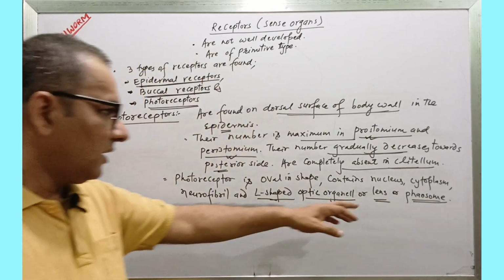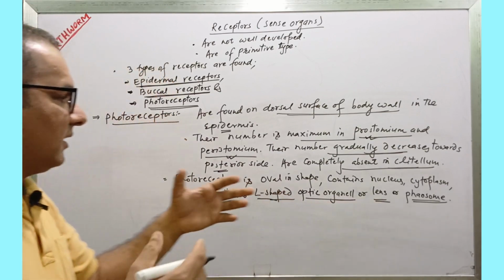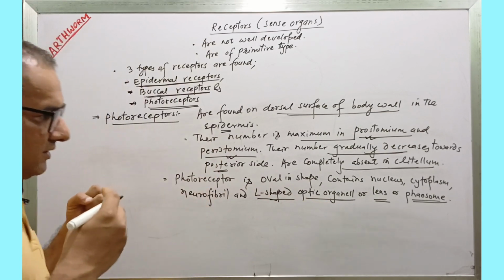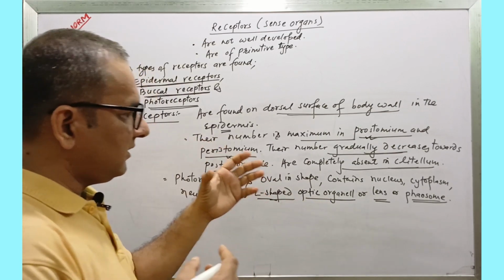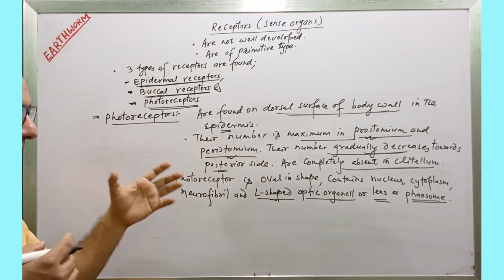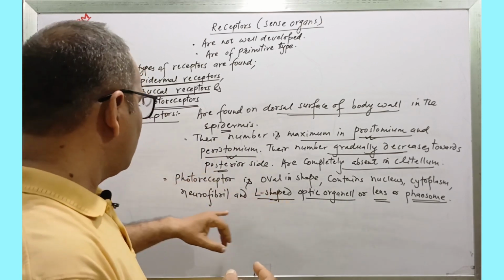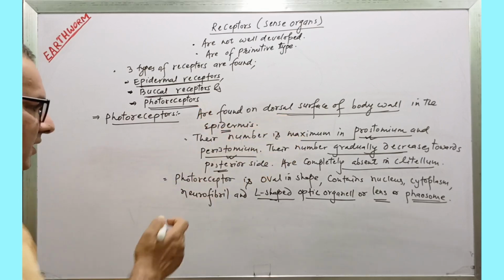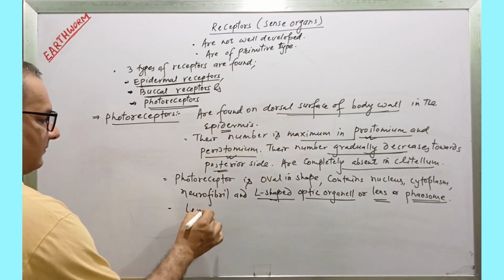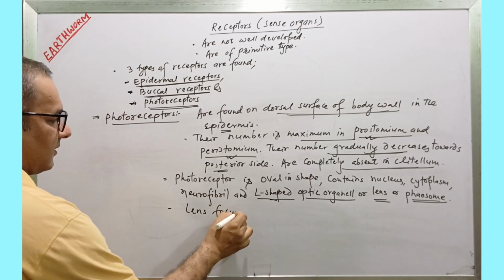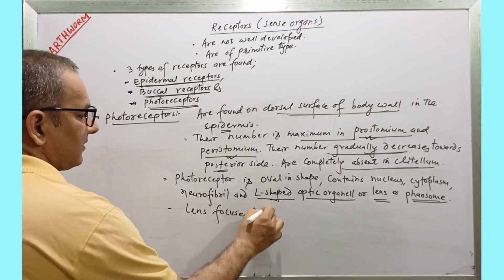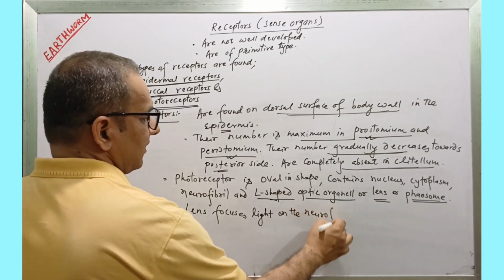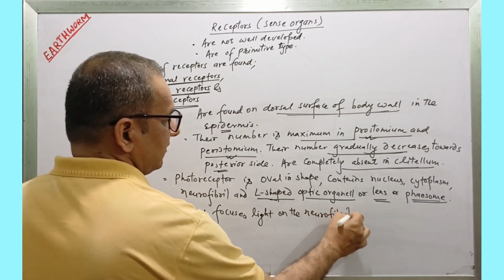Now, this lens is capable of detecting the intensity and duration of the light. It focuses light on the neurofibrils, and the neurofibrils are connected with the nerves. Look here, the lens focuses light on the neurofibril.